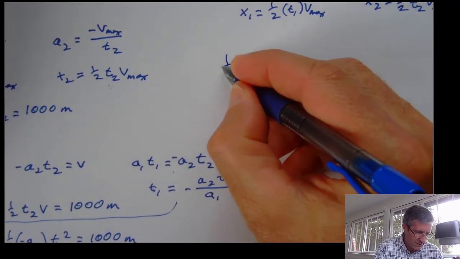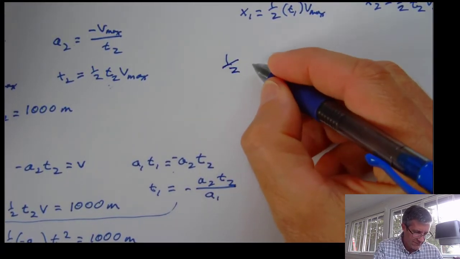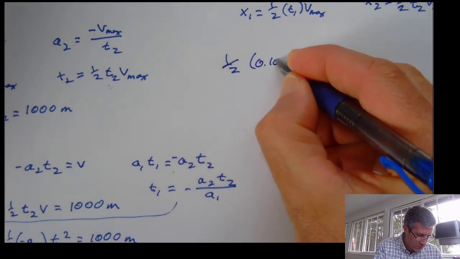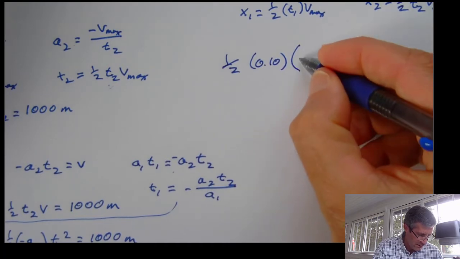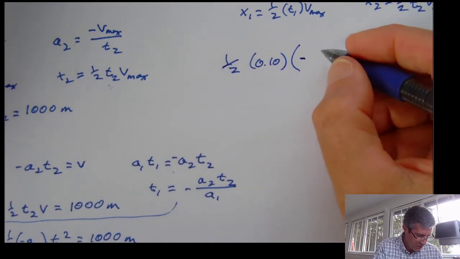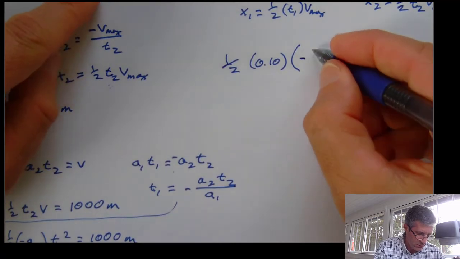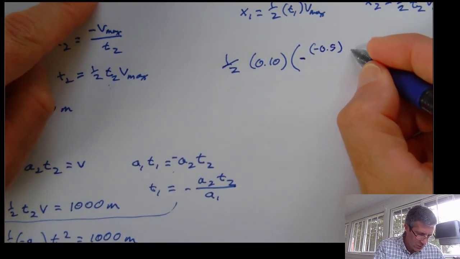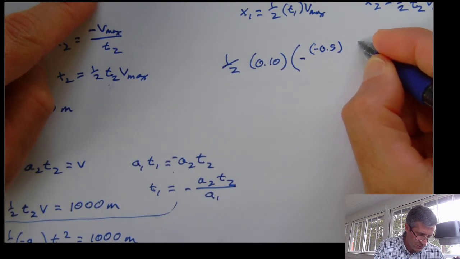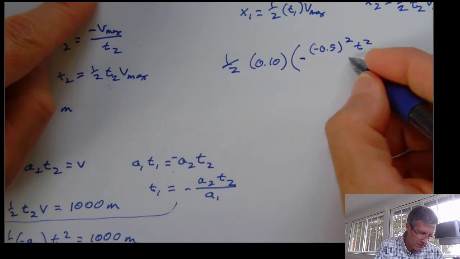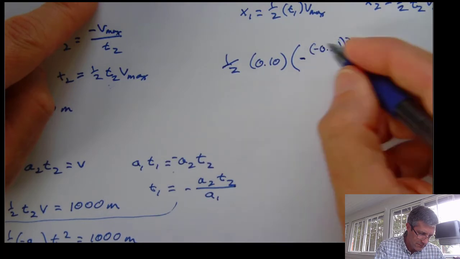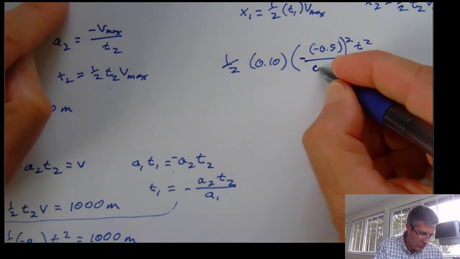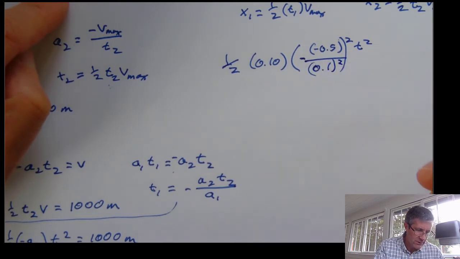So I'm going to get my calculator out and plug in 1/2 of a1. What was that? a1 is 0.10. I'm going to have negative a2, which was negative 0.5, times t2 squared; I'll square all the stuff inside of here, divided by a1, which is 0.1 squared.